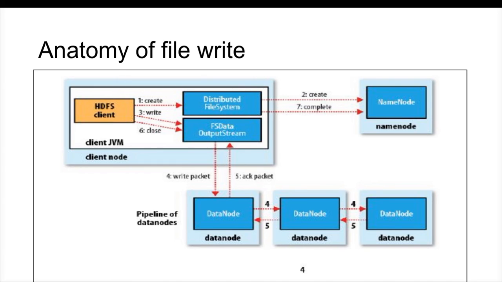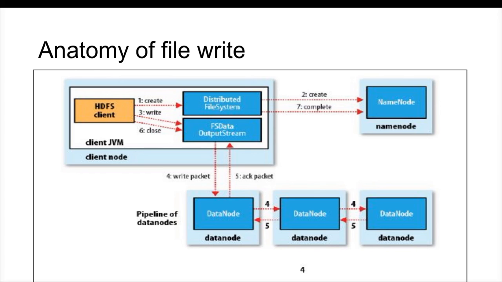A client will only write to one of the data nodes, and that data node will take care of writing it to the second data node, and the second data node will write it to the third data node, and it will go on until the replication factor is reached. In this case, if the replication factor is 3, the pipeline will be 3 levels. If the replication factor is 5, the pipeline is 5 levels.